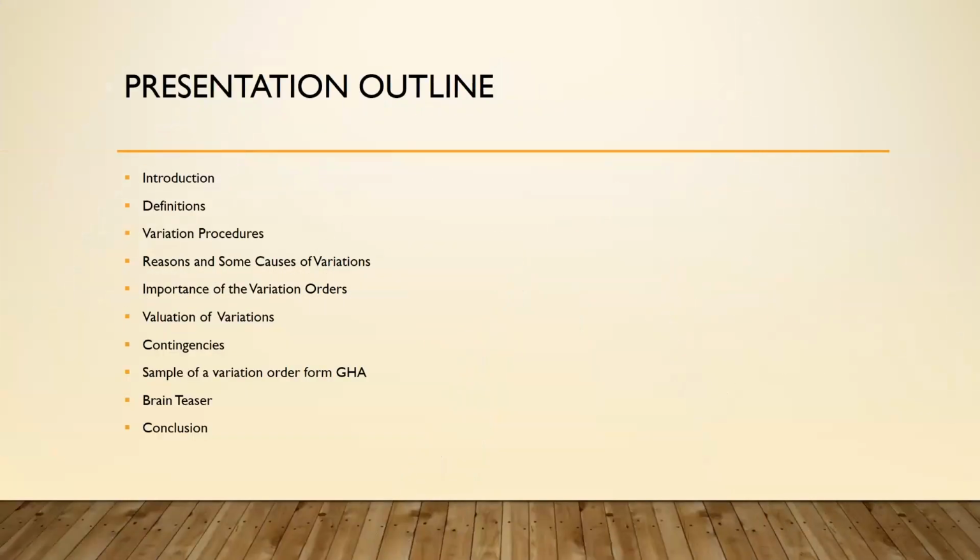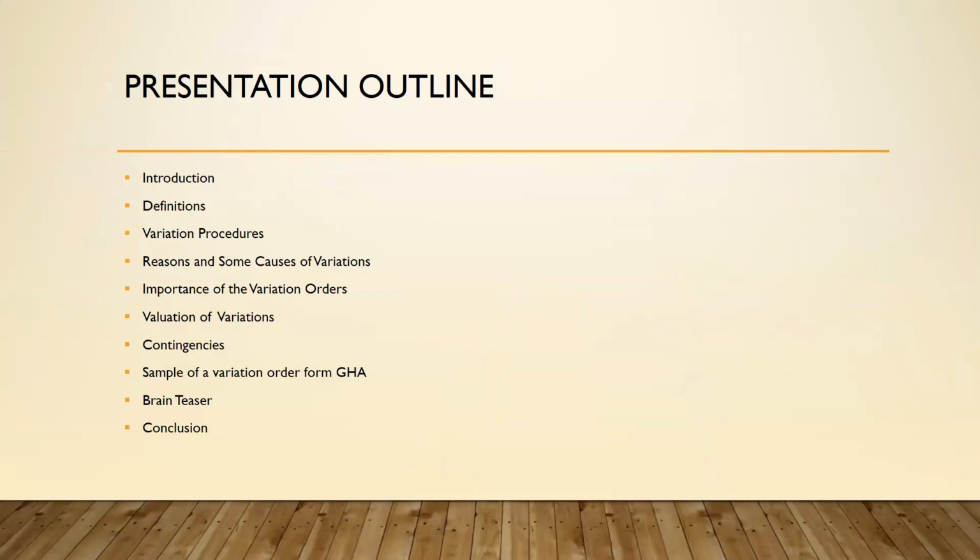All right, just a brief presentation outline. We'll be looking at some introduction, definitions of some terms, as well as looking at variation procedures, possible reasons and causes of variations.